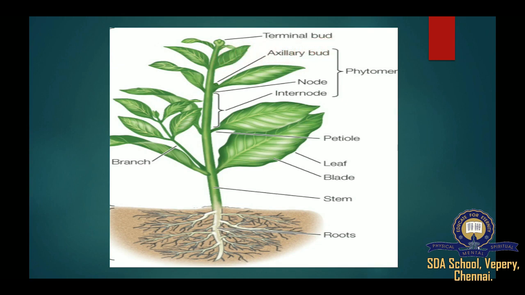Buds also grow at the junctions of the leaf and the stem. Such buds are called axillary buds, since the angle between the leaf and the stem is called the axil. Buds are of two kinds, vegetative and floral. Branches and leaves grow from vegetative buds, while flowers grow from floral buds.